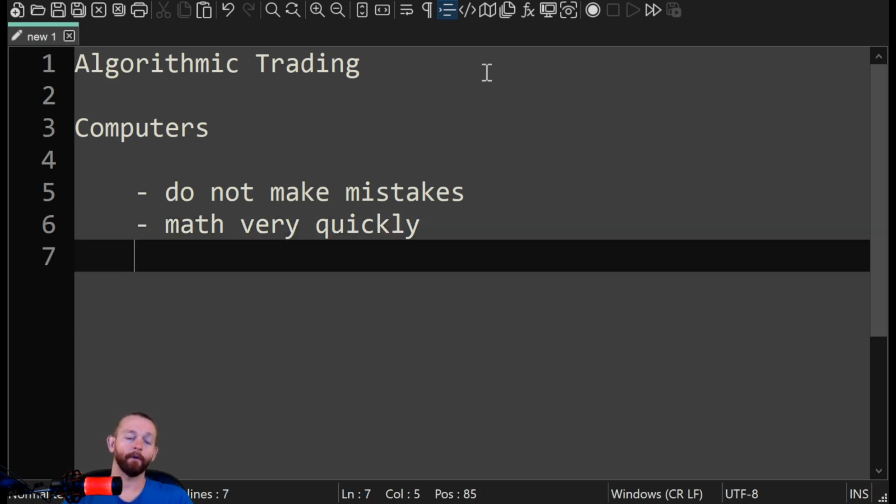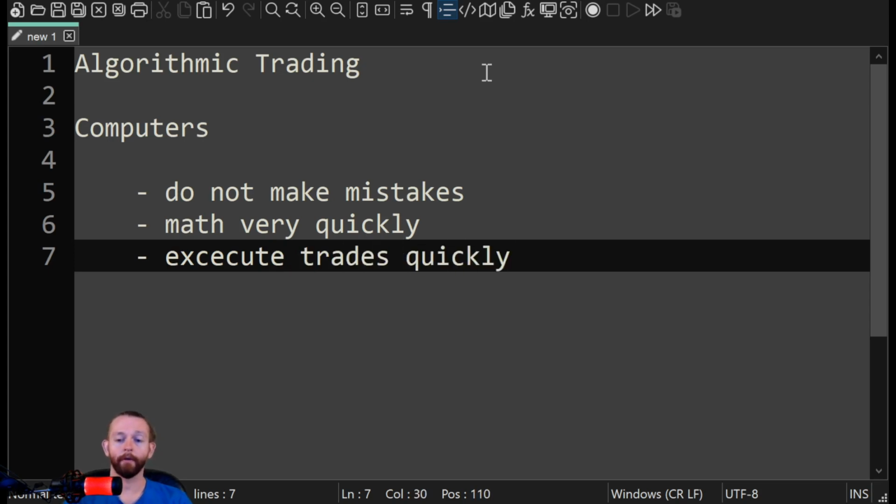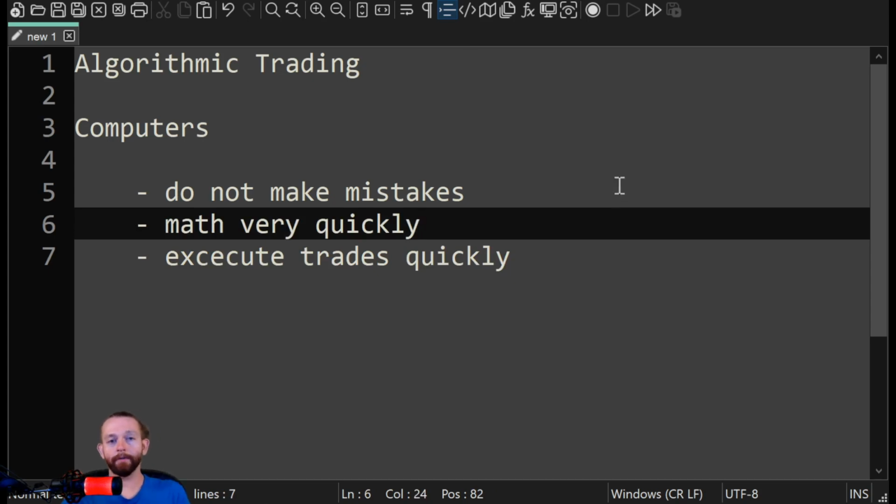Another thing that they can do is they can execute orders or submit trades a lot quicker than a human can. That is important because it allows them to trade at a much higher frequency than humans can.